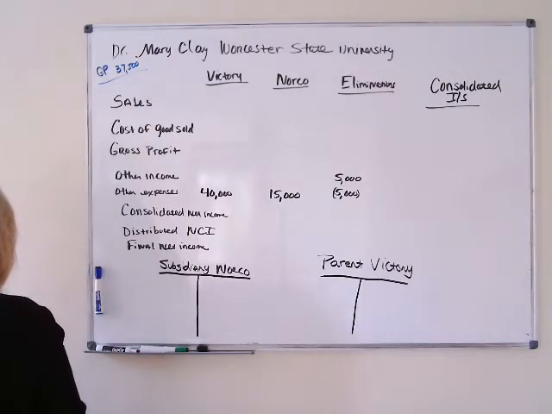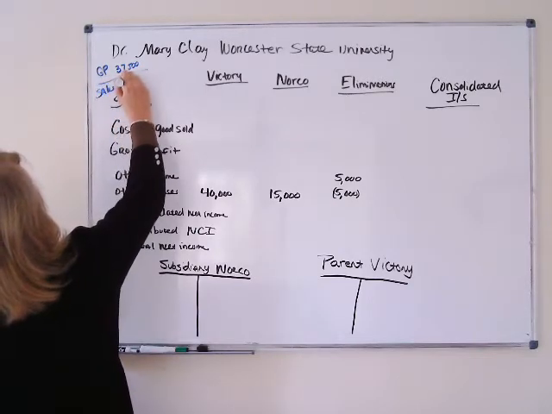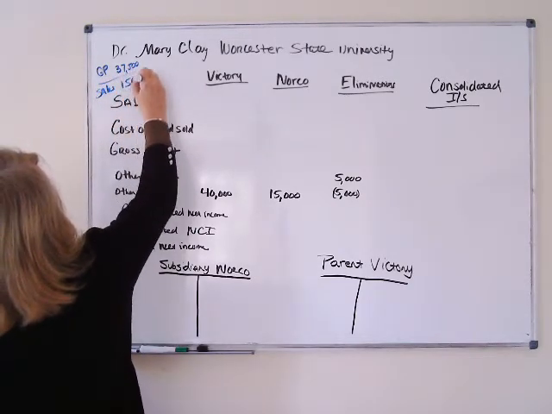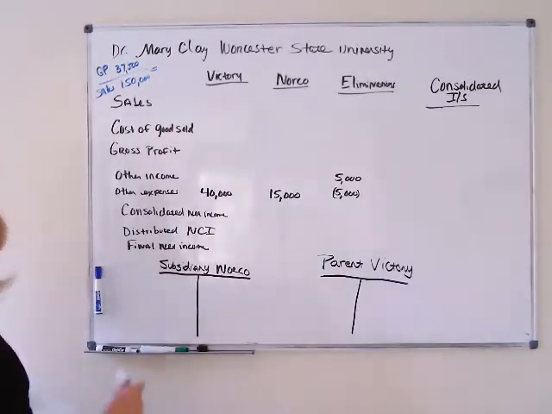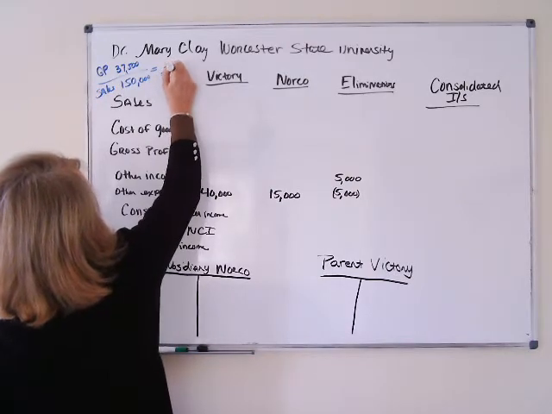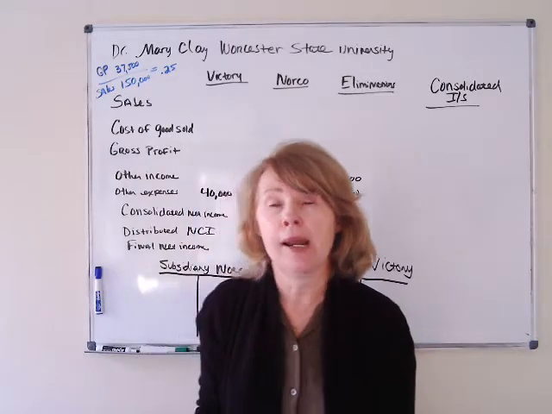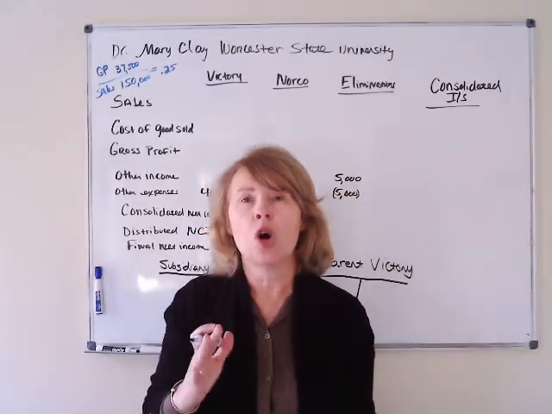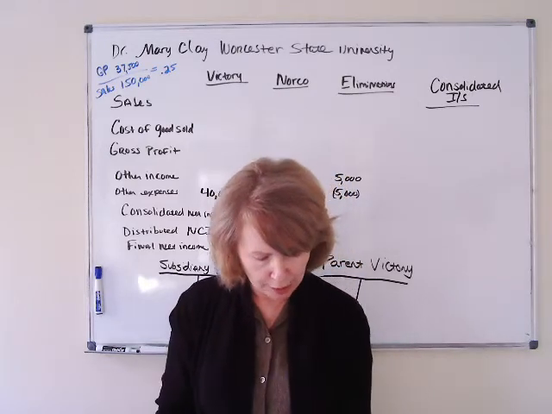The sales are $150,000. You divide it out, and what you're figuring out is the gross profit rate. I like decimals, so I'm going to use 0.25. That's how you get the gross profit rate. One more time, it's always the selling company only that you will figure out the gross profit rate for.